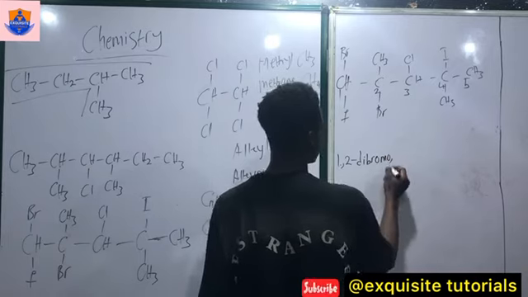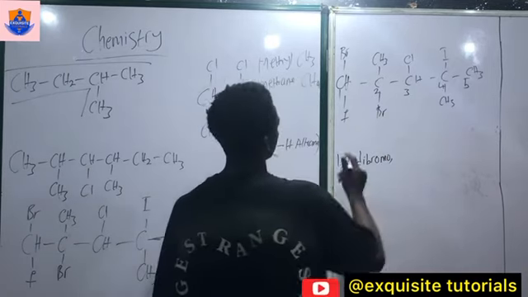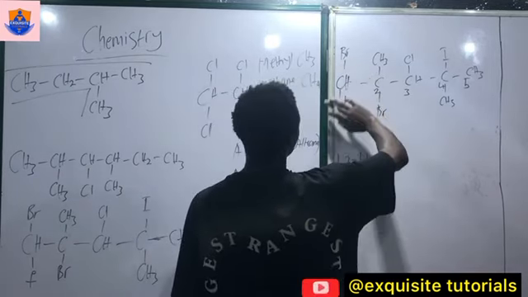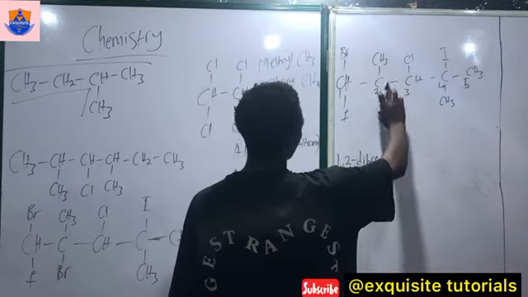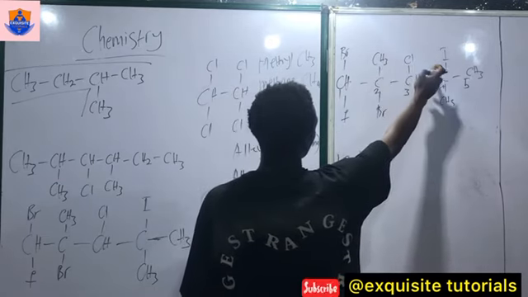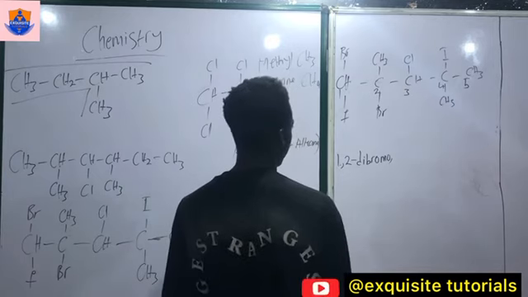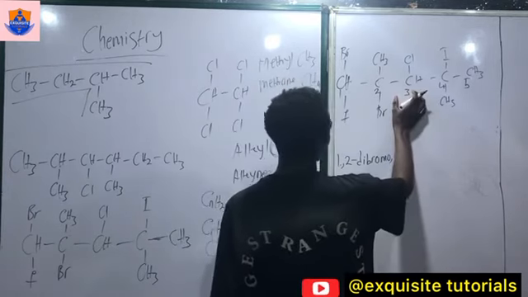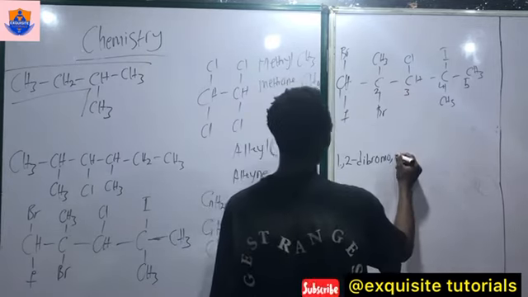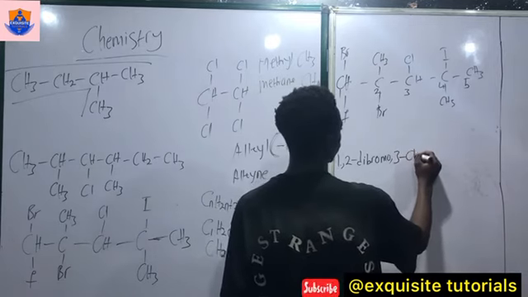We're not done naming. There are other constituents. After bromine, which is the least, is it fluorine, methyl, or chlorine? It should be chlorine, because after a B we have C. So we have chlorine to be at carbon 3, then we have 3 chloro.